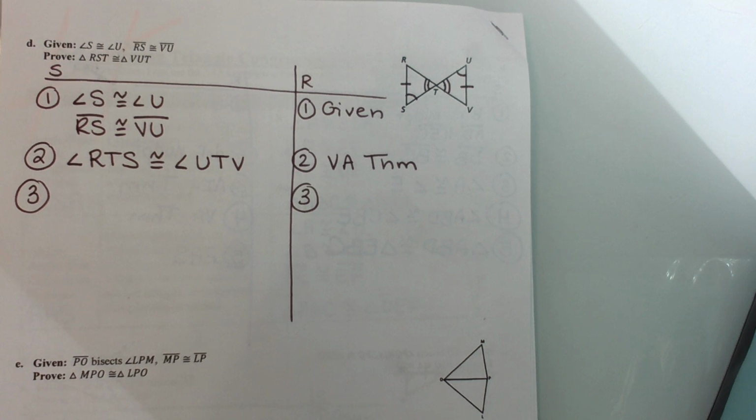Do you notice I already have 3 congruent symbols? Yeah. I notice 2 of them are angles, 1 of them is a side. The question is, if it's 2 angles and 1 side, is it angle, side, angle, or angle, angle, side?